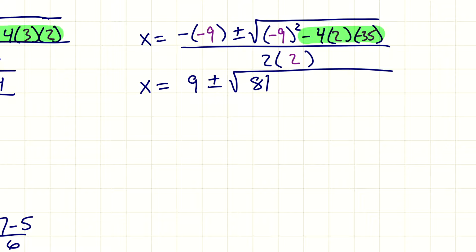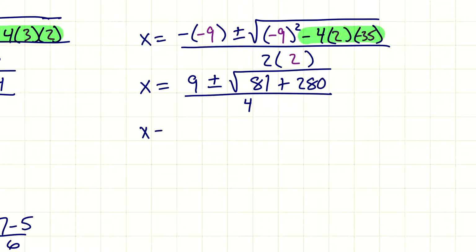Times -35. Okay. So negative times negative for sure, I know that's going to give us a positive. And then when you multiply all those numbers, it's going to give us 280. All right, and 2 times 2 is going to be 4.